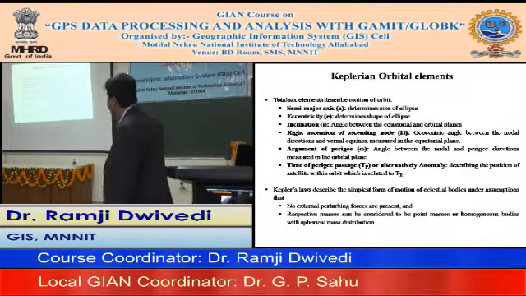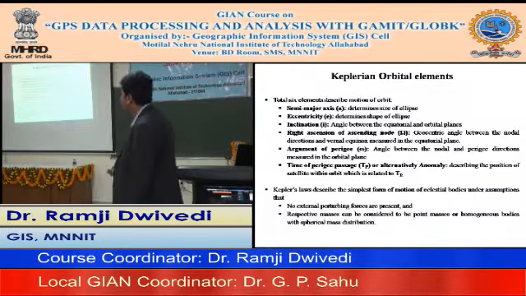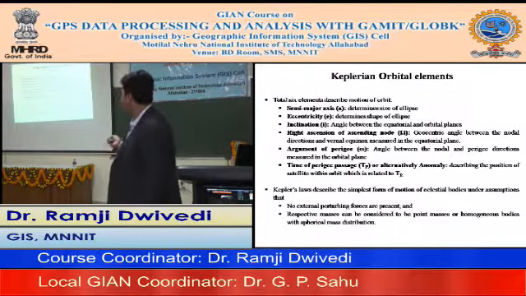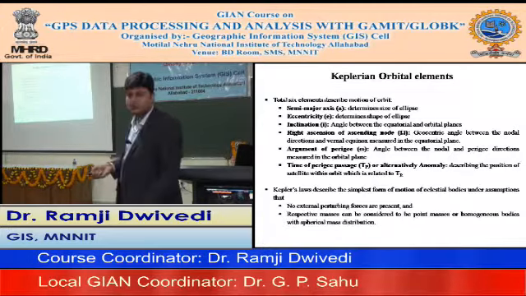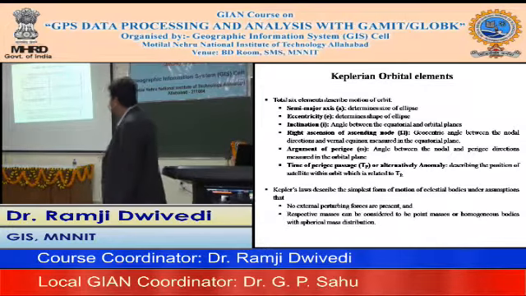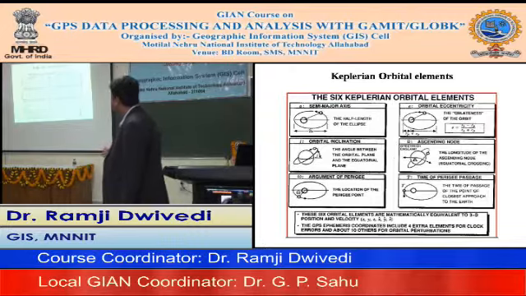So the right ascension of the ascending node, the argument of perigee, we will come to those notations in the next few slides, and the time of perigee passage or mean anomaly, which is the position of the satellite in the orbit with respect to the line joining the Earth focus and the perigee. So these are very nice figures explaining these parameters. This is how you understand it.